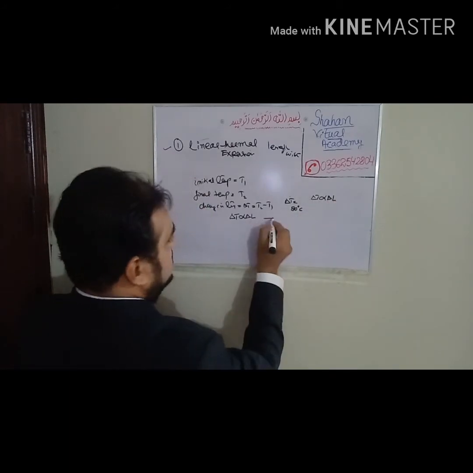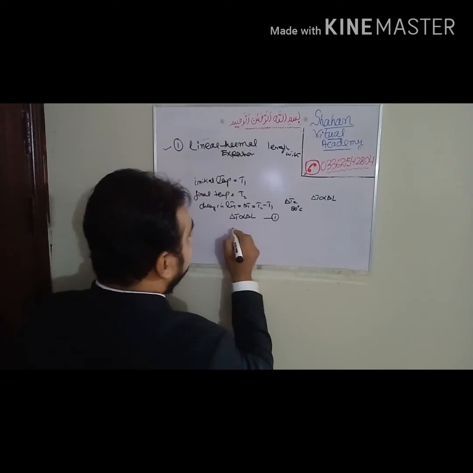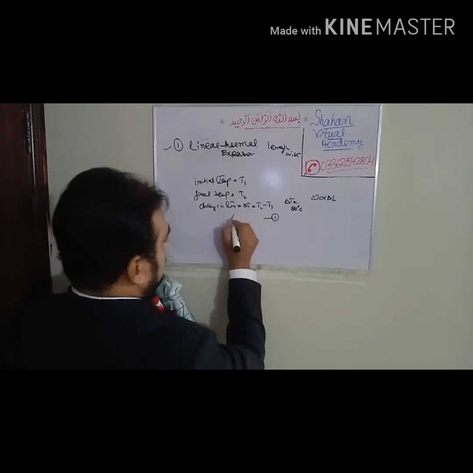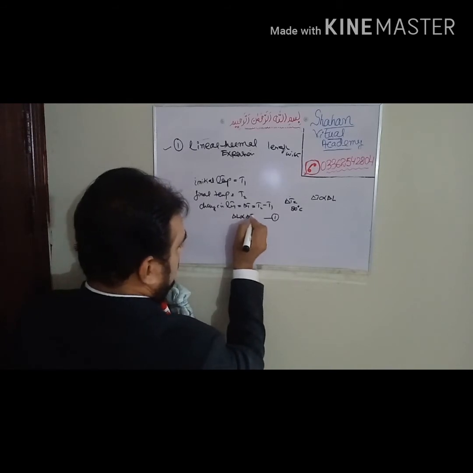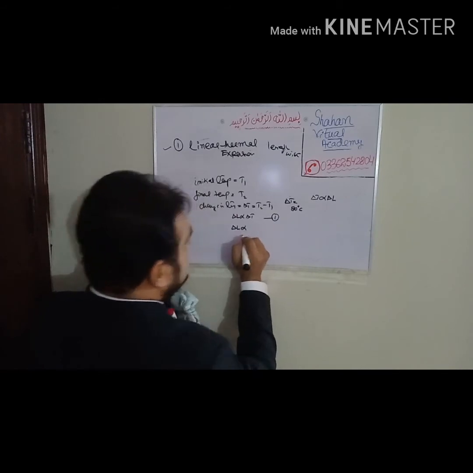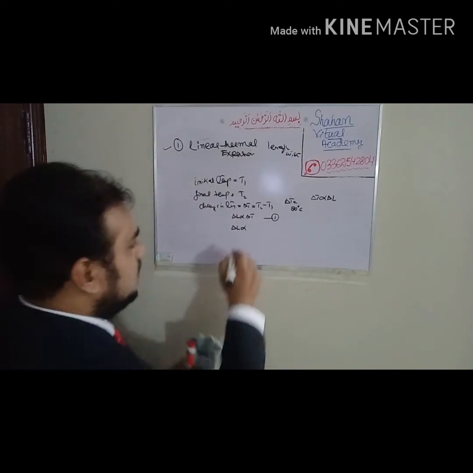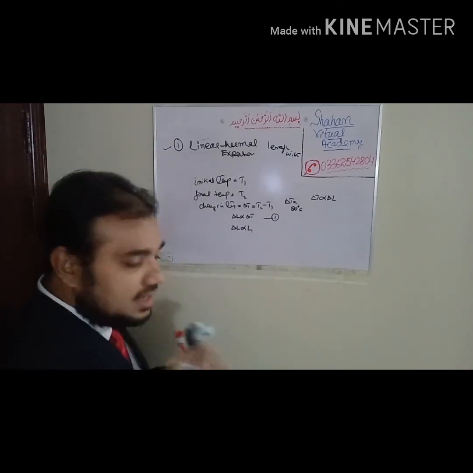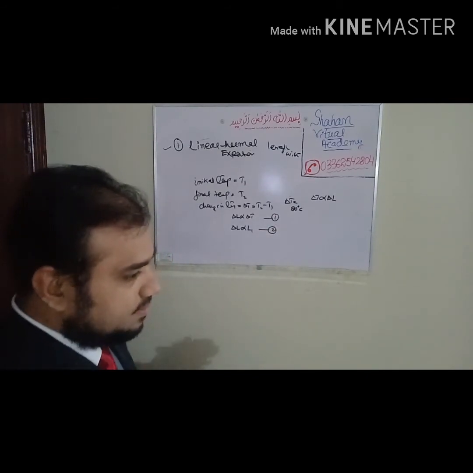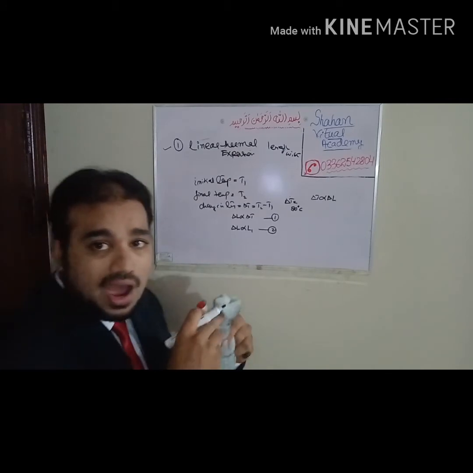Now the change in length is also maximized with respect to its original length. If any body has a higher original length, it maximizes with respect to that higher value.